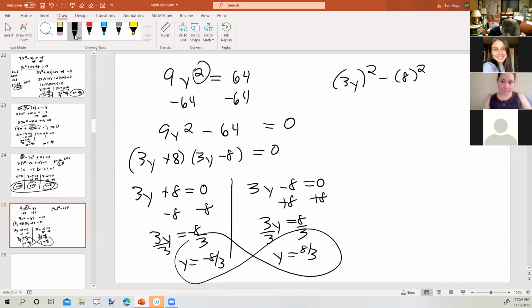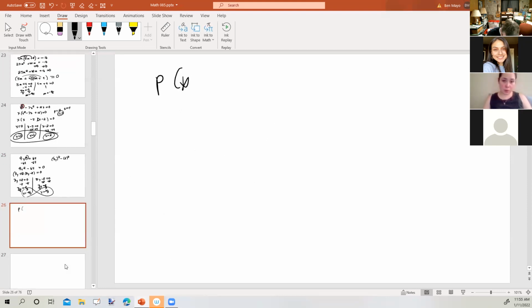Okay, let's see here. How about this one? p times p plus 1 equals 6. Again, before you start celebrating, it's not factored and set equal to 0.